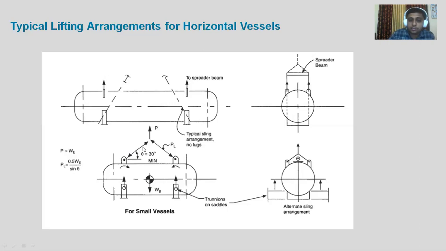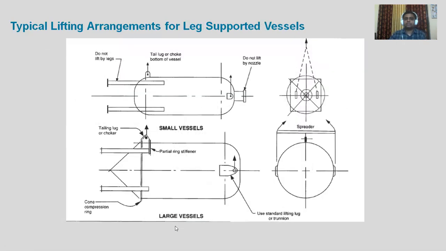People usually take half, WE by 2, as the sling reaction, which is absolutely wrong, because under equilibrium of forces the vertical reactions have to be balanced. So the vertical reaction will be WE by 2 and the sling reaction will be 0.5 times WE divided by sine of this angle theta. This is how we have to calculate PL.